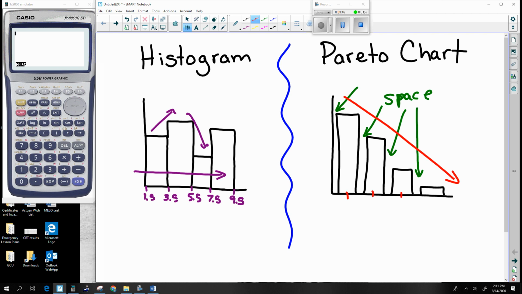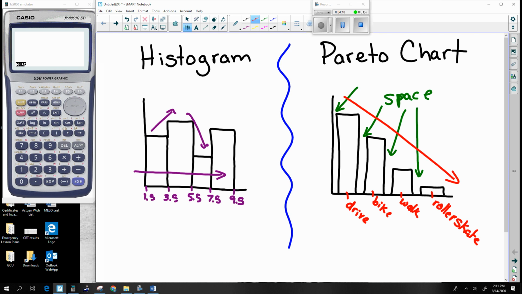Instead, what these bars are going to represent is a category of something. It'll represent something like people who drive to work, people who bike to work, people who walk to work, and people who, I don't know, roller skate or something. So that would be a category.